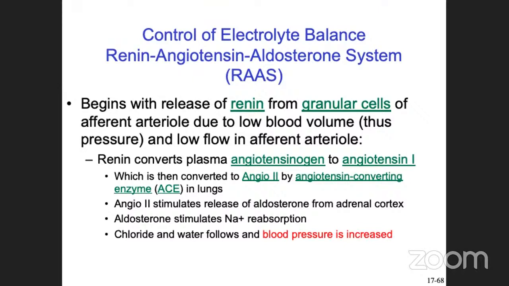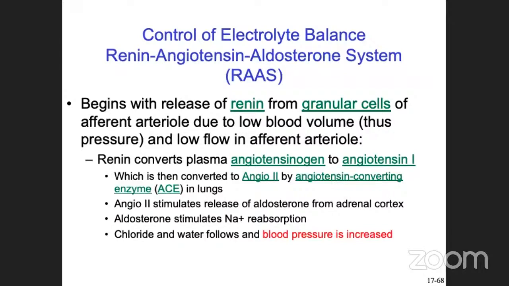The angiotensin 1 needs to be converted into angiotensin 2 by the angiotensin converting enzyme. We call it ACE. This is available inside the lung endothelium, all right? So the ACE enzyme functions to convert the angiotensin 1 into angiotensin 2.